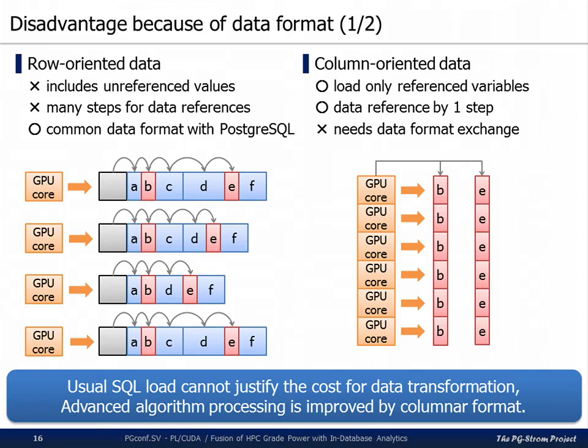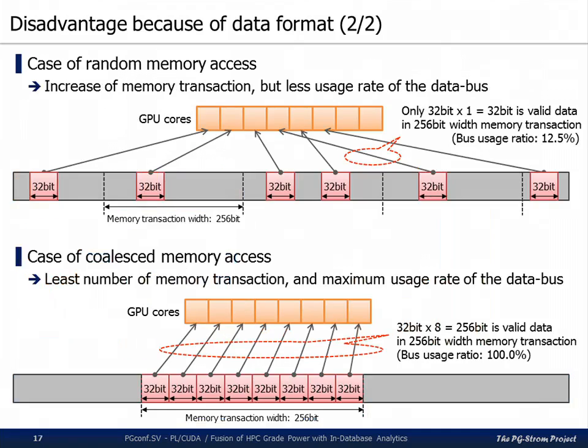This is one advantage of columnar storage. And one other point to be considered for data format is the bandwidth and density of the memory bus on GPU. Most of NVIDIA's GPU devices have a 32-byte window of memory transaction.